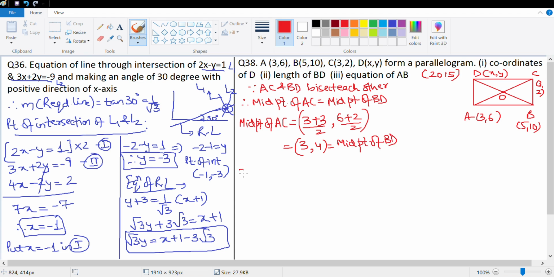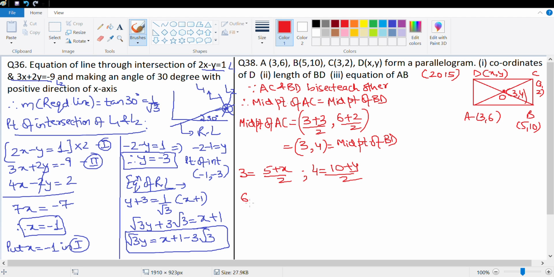So 3 will be equal to 5 plus x upon 2, and 4 would be equal to 10 plus y upon 2. First I calculated the midpoint of AC. Now that I know the coordinates of O, which is 3, 4, I am using it for BD.